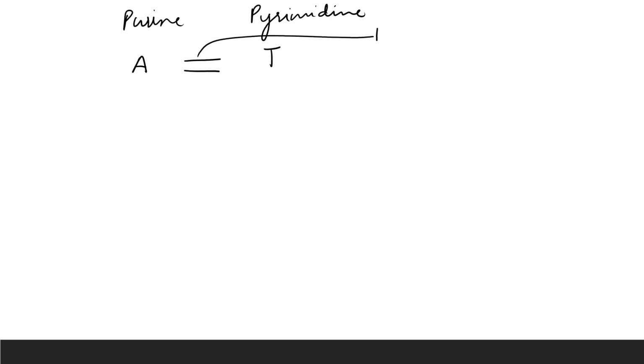So this bond is known as hydrogen bond, and it will make two bonds, right? Adenine and thymine will make two bonds.